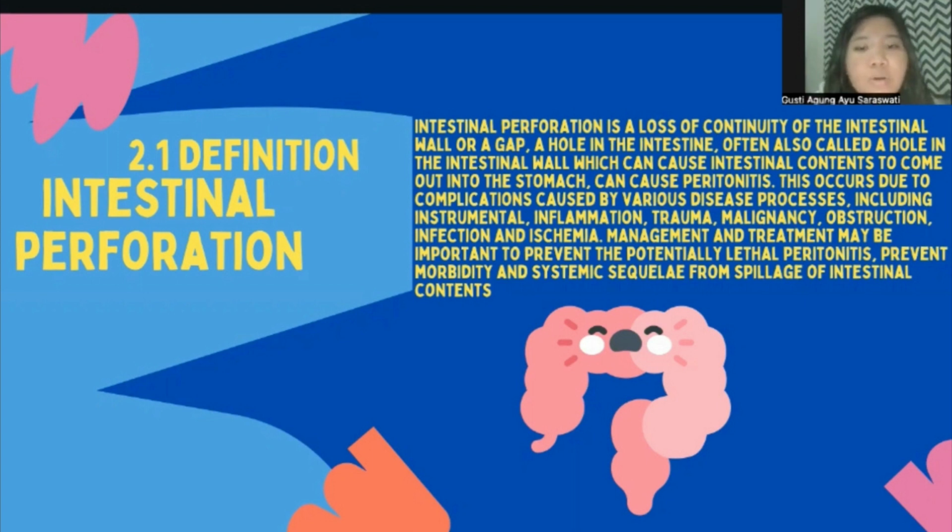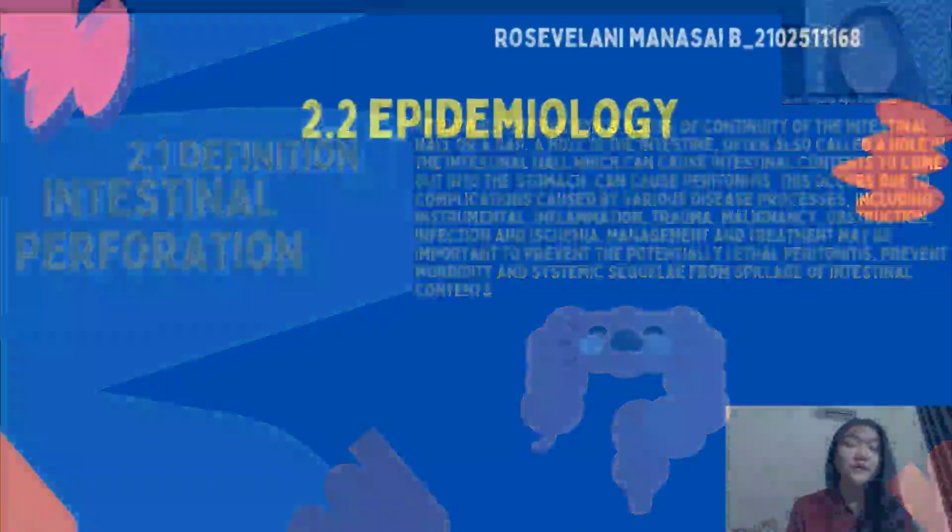This occurs due to complications caused by various disease processes, including instrumentation, inflammation, trauma, malignancy, obstruction, infection, and ischemia. Management and treatment may be important to prevent potentially lethal peritonitis, and prevent morbidity and systemic sequelae from leakage of intestinal contents. That's all for me. Thank you. Thank you for the opportunity.